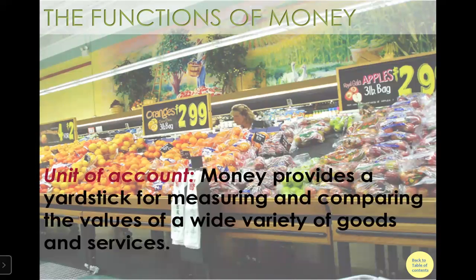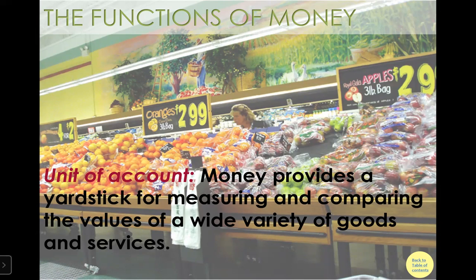Now third, money must function as a unit of account. Why do we need that? Just look at this background picture. We go to the grocery store and use money as a medium of exchange to get the goods and services we need. Look at this background: the orange says $2.99.